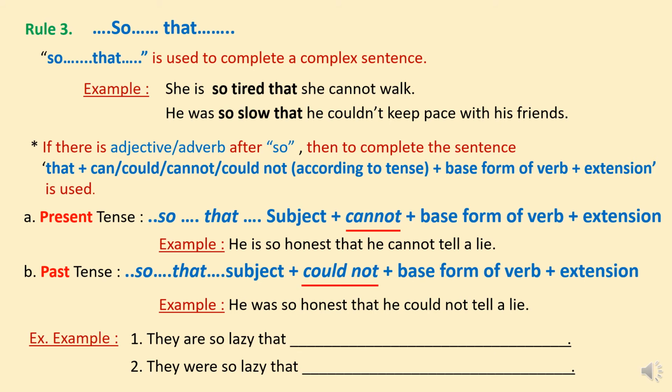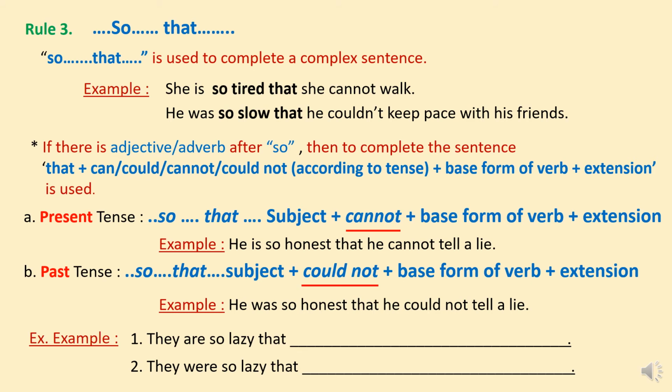To complete the sentences is our work. Now according to the structure, how will it be? The first one is, they are so lazy that. They are, that means it is in present form, so the next clause will obviously be in present form.